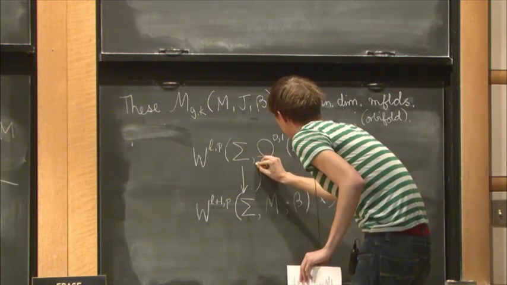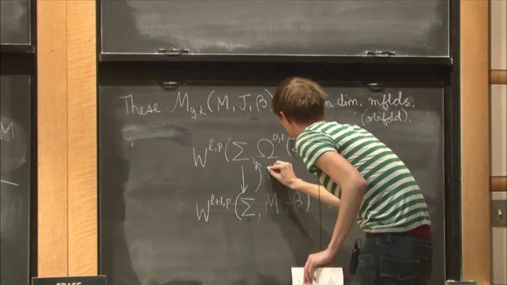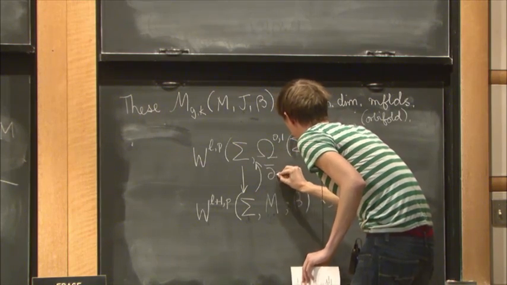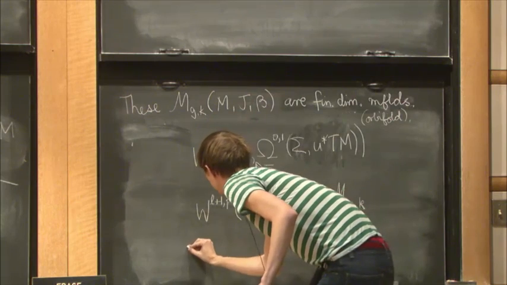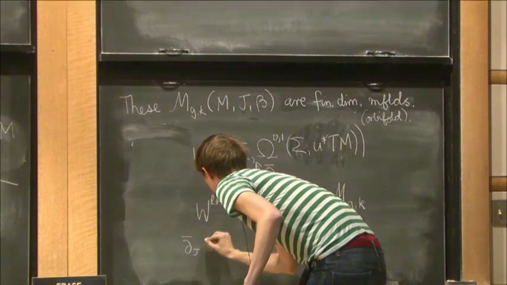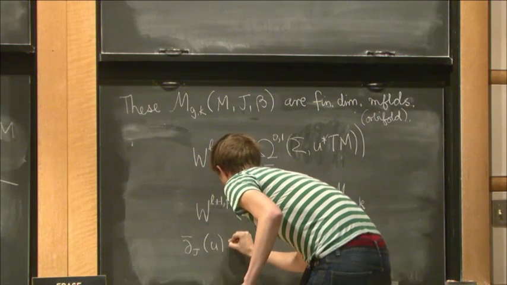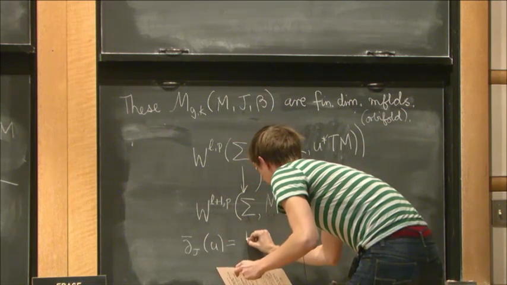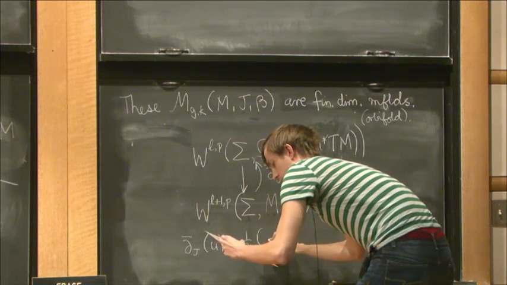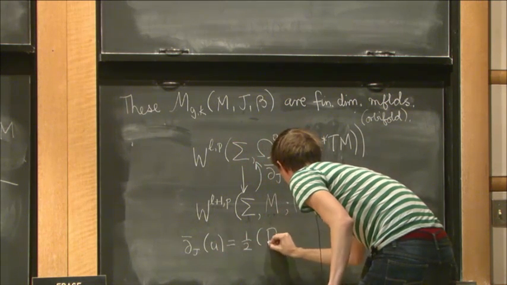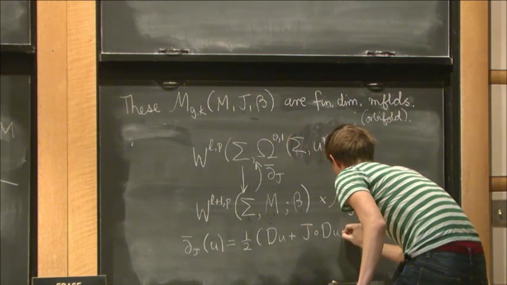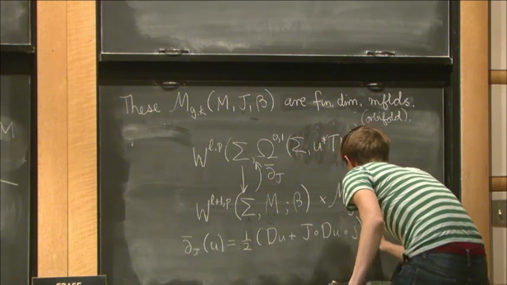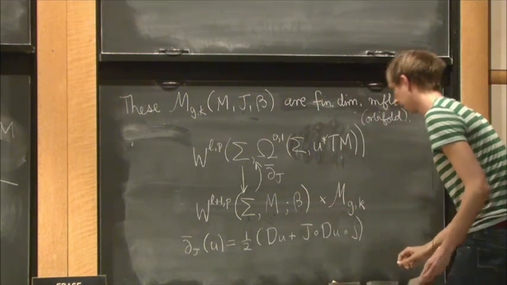And there is a section of this bundle called del bar J, where del bar J at u equals a factor of a half... Okay.